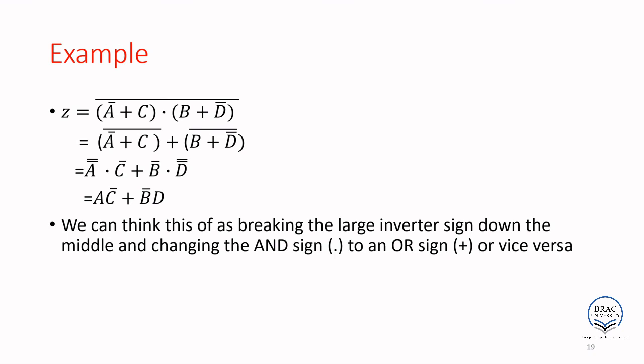So remember one thing, your dot product becomes your OR product, or your OR product becomes your dot product. Here between A and C you have OR, so it becomes dot, and this dot becomes OR, and between B and D, this OR becomes dot, and A prime becomes A, C becomes C prime, B becomes B prime, D prime becomes D. Just check here, so use De Morgan's equation.